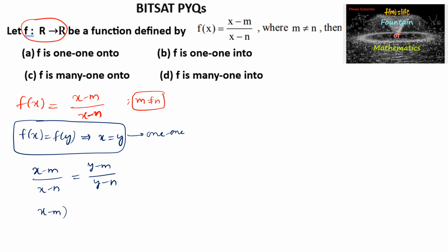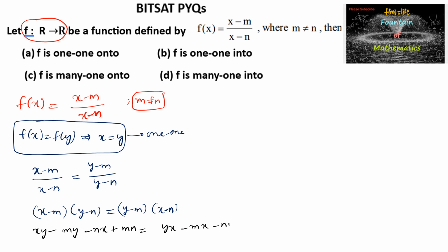The cross multiplication gives x minus m into y minus n is equal to y minus m into x minus n. So xy minus my minus nx plus mn is equal to xy minus mx minus ny plus mn. On simplifying, mn gets cancelled on both sides, and xy also gets cancelled.